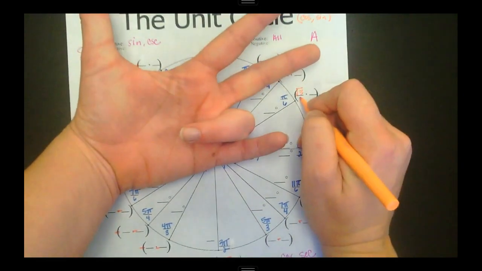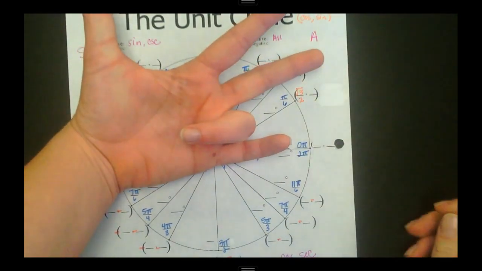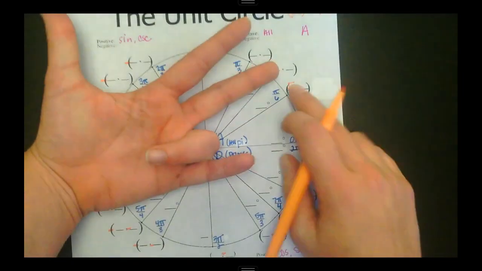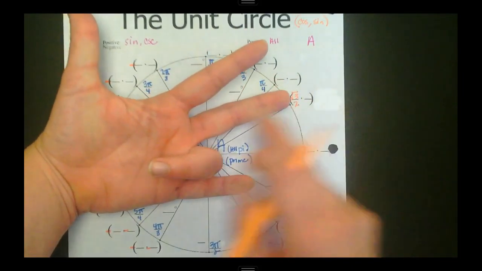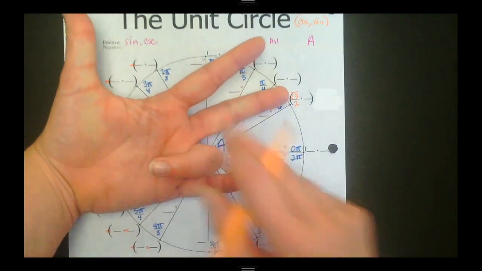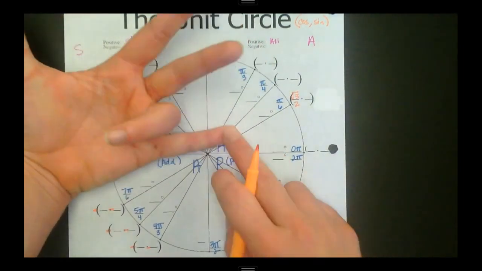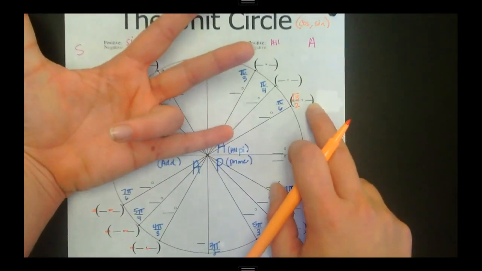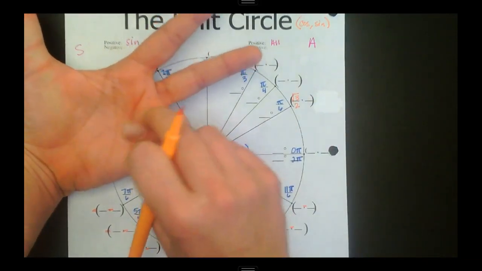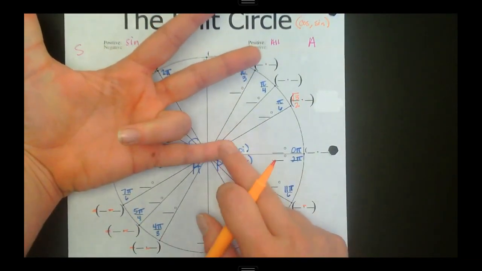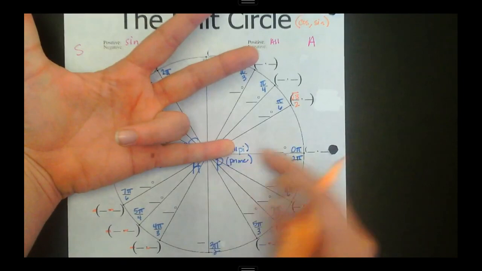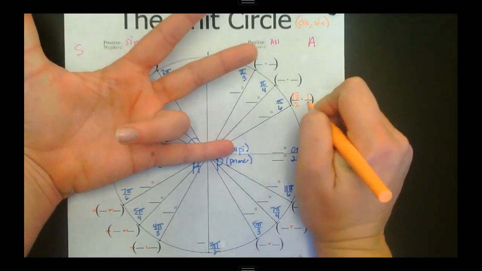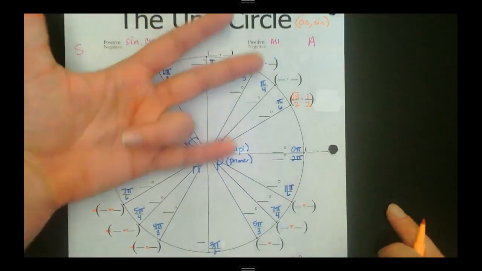And it's always going to be over 2. Sorry, I think I said that wrong just a minute ago. So the denominator is always going to be 2. So square root of the top numbers over 2. And then this one is going to be this side of the comma. This is kind of like your comma. So it'll be square root of 1 over 2. And square root of 1 is just 1. So we would simplify it to 1 over 2.